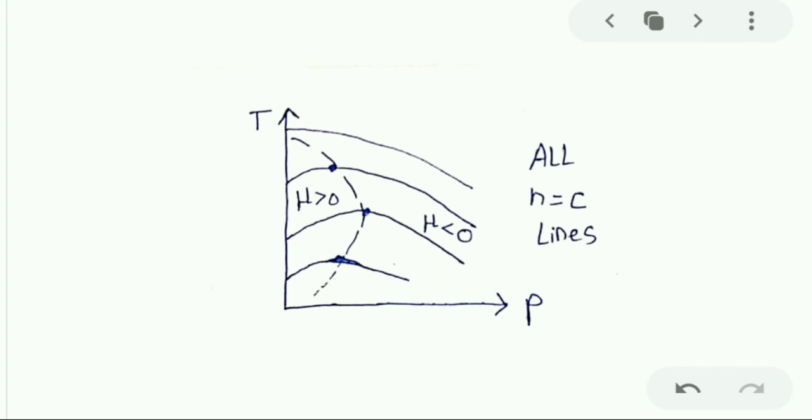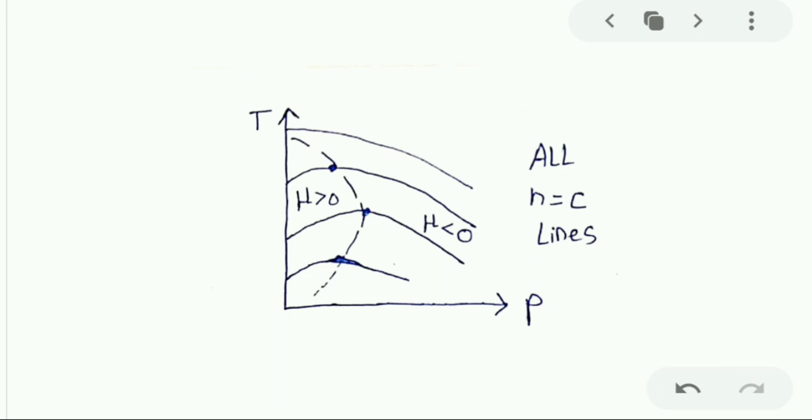The Joule Thomson coefficient is greater than zero at the left side and less than zero at the right side. So standing at one place, both sides look different. That's why this is called inversion, because it is inverted, and these are all constant enthalpy lines. Remember, all are constant enthalpy lines, right?